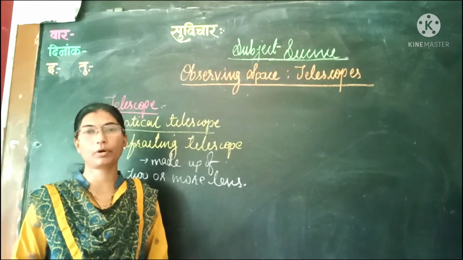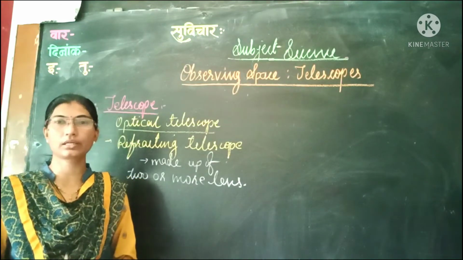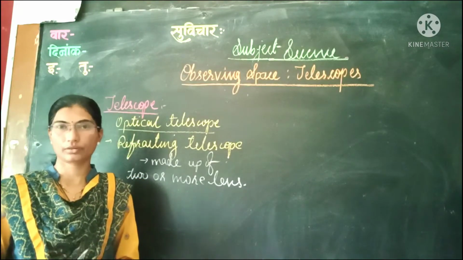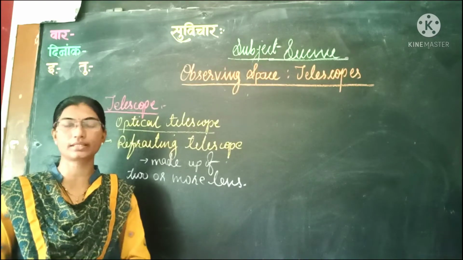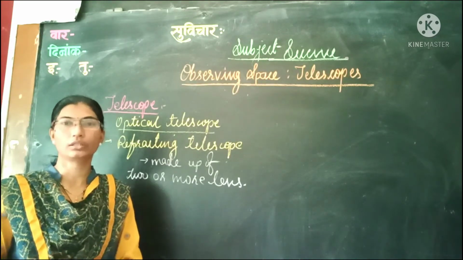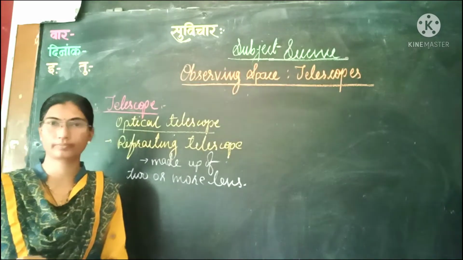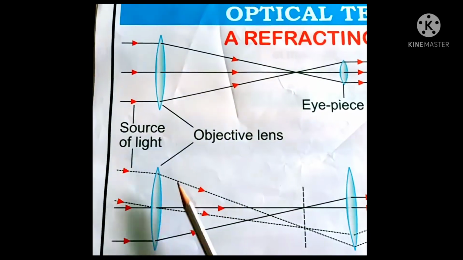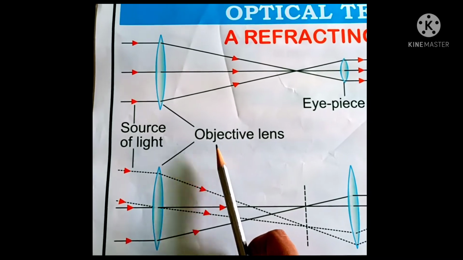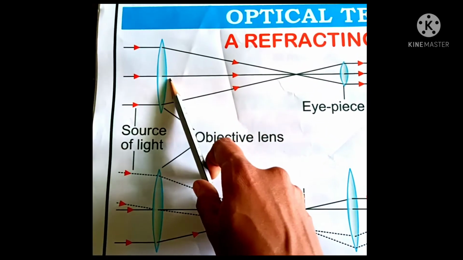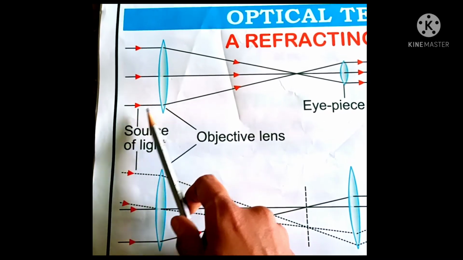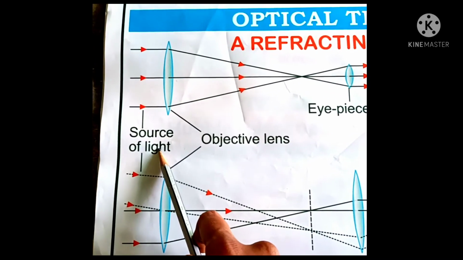Now, with the help of a ray diagram, let's see how the light rays travel through the refracting telescope and how we can see the heavenly object with its help. So this is a ray diagram of a refracting telescope. Here, the first is a larger lens, which is close to the source of light or heavenly object.